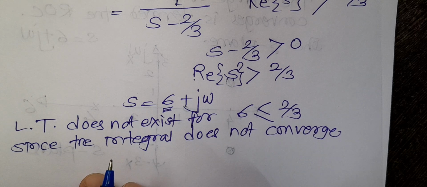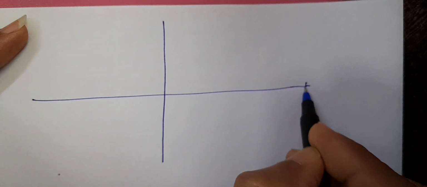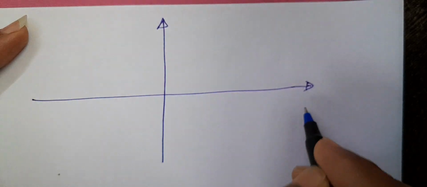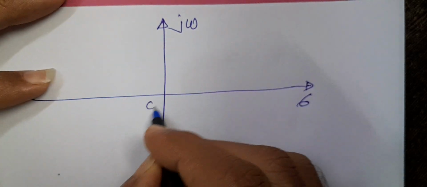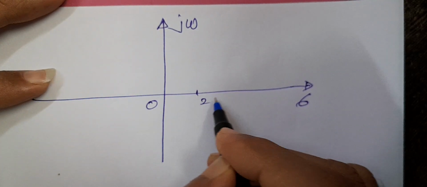And the ROC for this signal is sigma greater than 2 by 3, and therefore we have to show it on the S plane. On the S plane, this is sigma, j omega, 0, and this is 2 by 3.